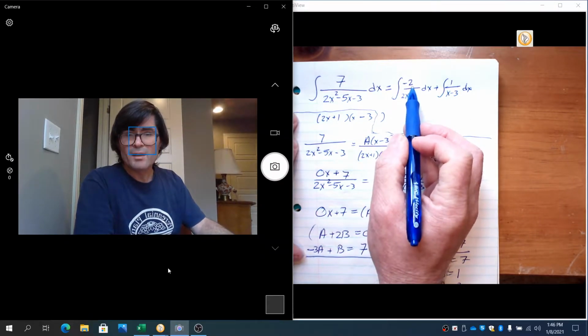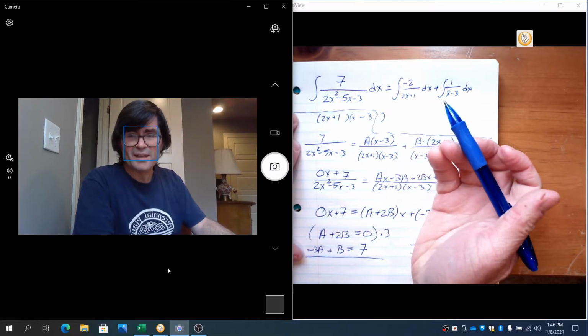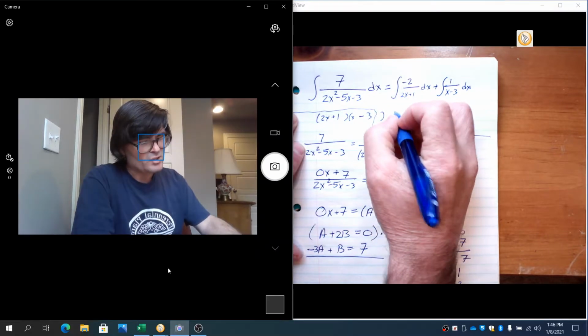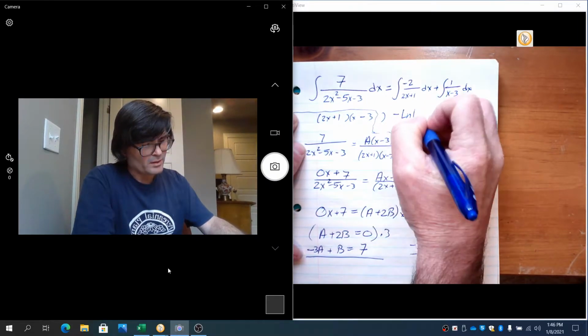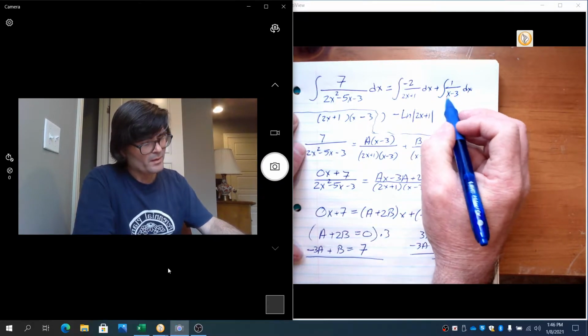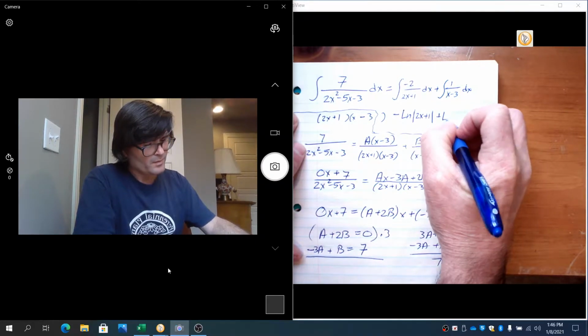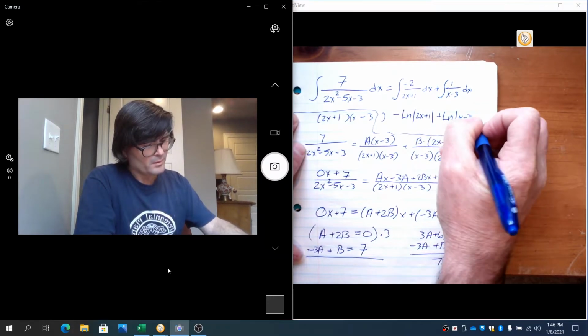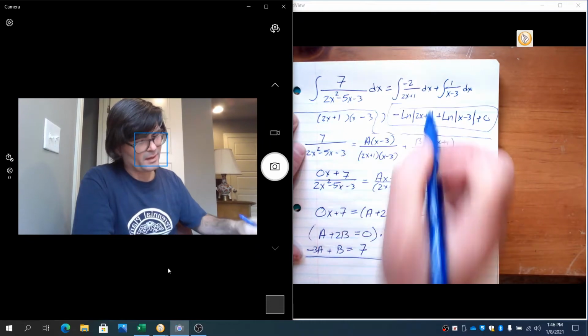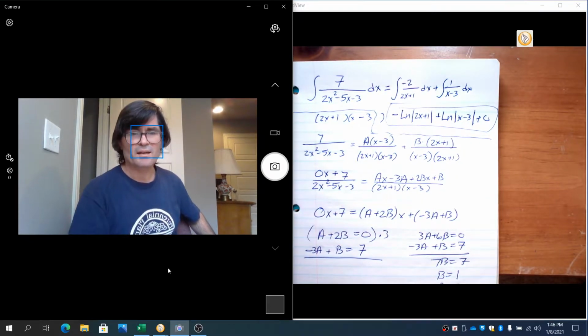Well, it's 2. And we actually conveniently have a 2. It doesn't have to work out like that, but it just did here. I'll take the negative out, and this will be negative natural log of 2x plus 1. And then this will be plus natural log x minus 3 plus c. So look at that as my answer to that integral.